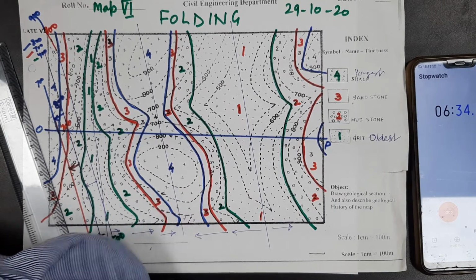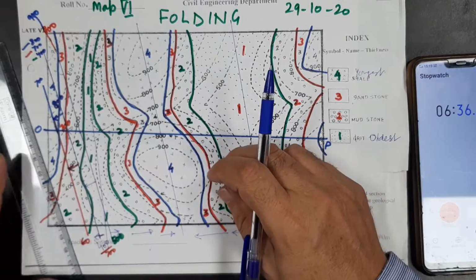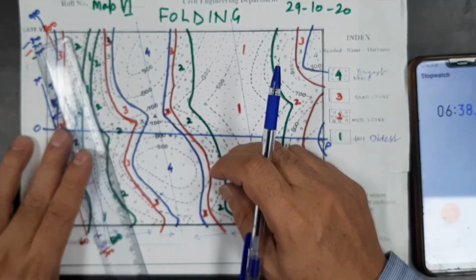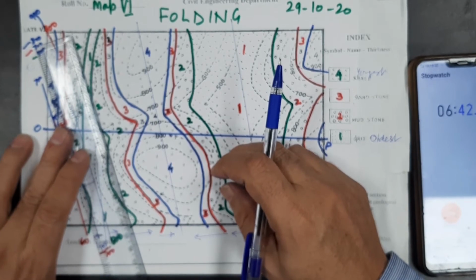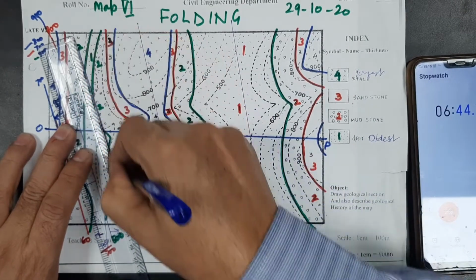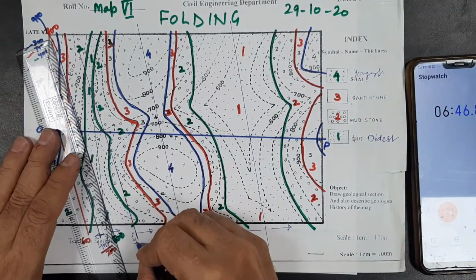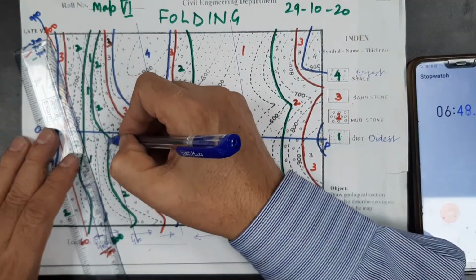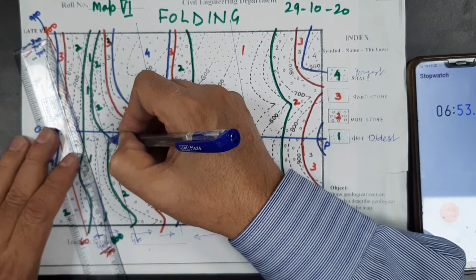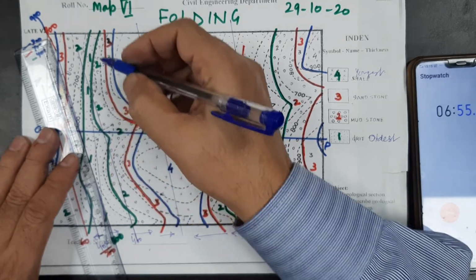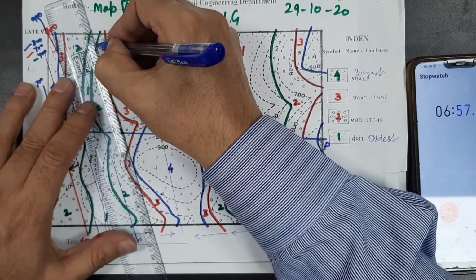Now come to the other side of the contact. Here I can draw a strike line of 400. But on this contact we are not getting any other point. At the most you can take this.